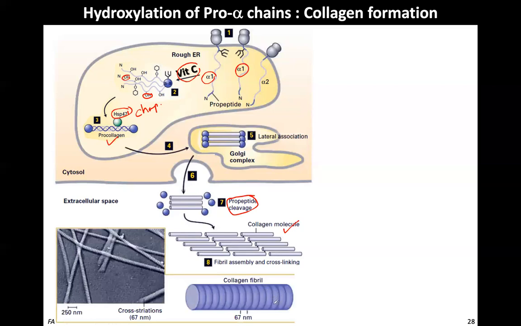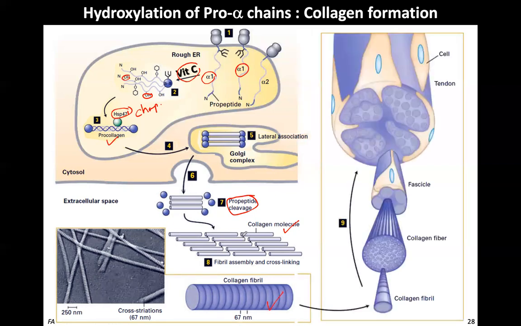As you can see, these are the collagen fibrils, and soon they will assemble to form the collagen fiber. It will be assembled into fibril, then into fiber, and then each fiber will be assembled into fascicle, and then it will form the whole tendon.